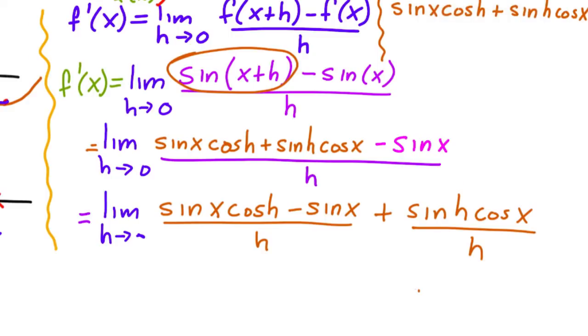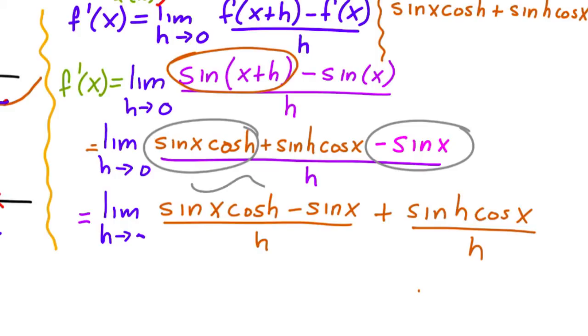Okay, so you might be wondering, hey, what did you do there? Well, I took this first guy and this guy and put them right here. So that's where this came from. And then this guy is just right here. And I just separated the two fractions.